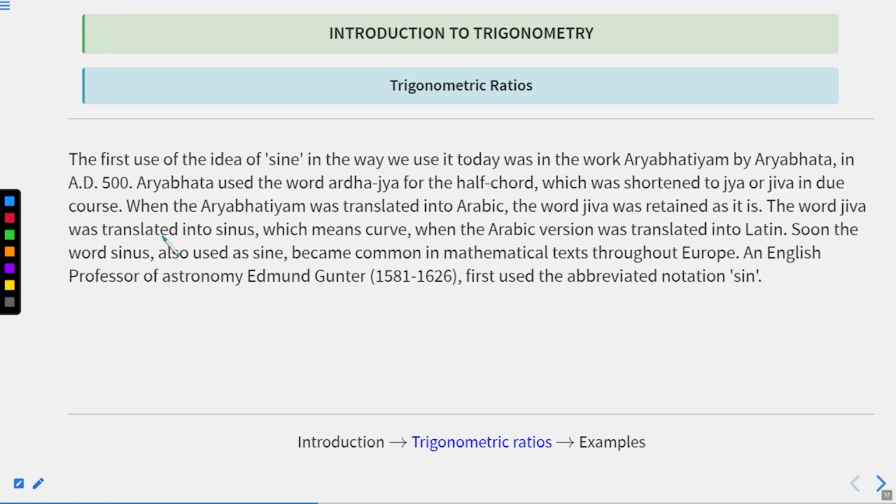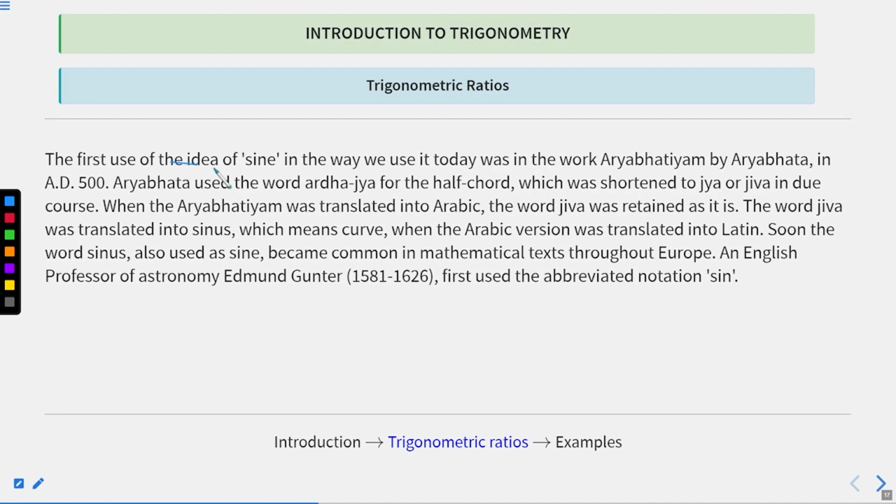Now, the first use of the idea of sine in the way we use it today was in the work of Aryabhatta in 500 AD. Aryabhatta used the word ardhajya for the half chord, which was shortened to jya or jiva in due course.